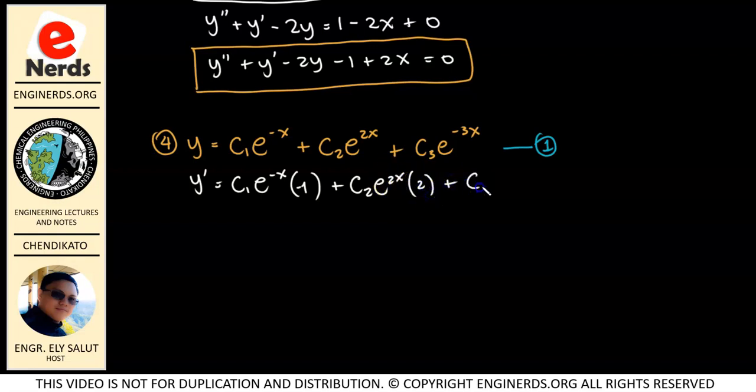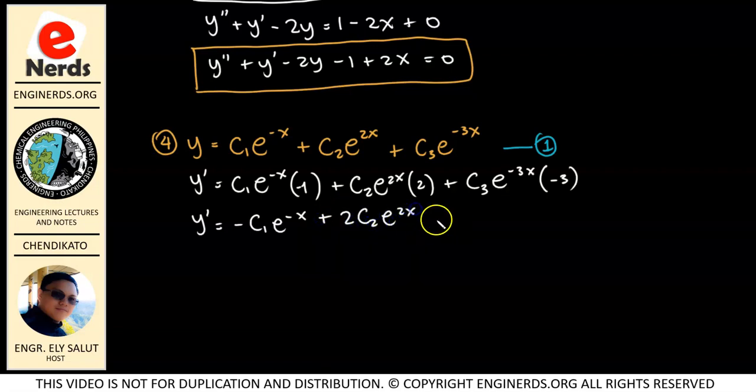Then, plus C3, the derivative of e to the negative 3x. So, e to the negative 3x times the derivative of negative 3x, which is negative 3. So, we have y prime is equal to negative C1 e to the negative x plus 2C2 e to the 2x minus 3C3 e to the negative 3x.